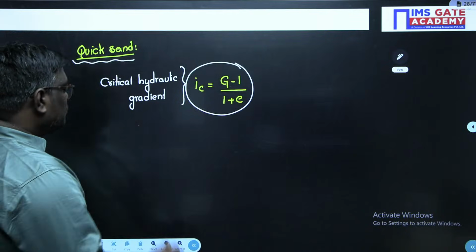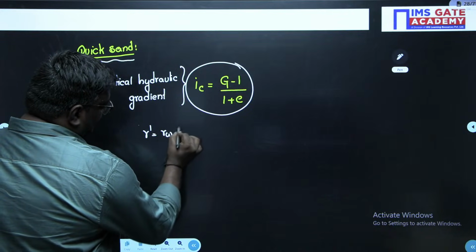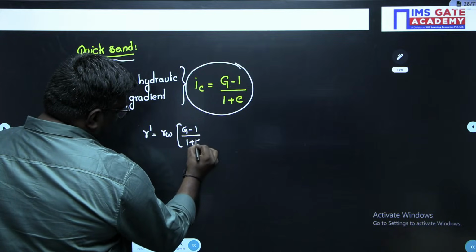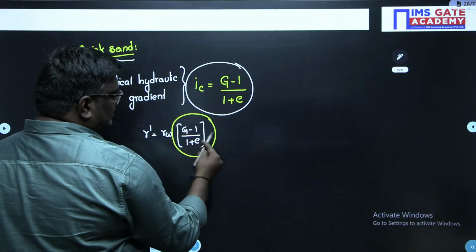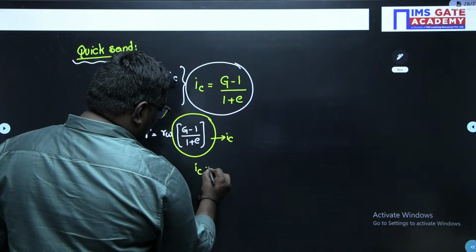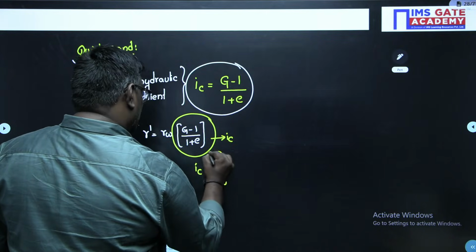Or gamma dash can be written as gamma w into (G minus 1) upon (1 plus e). So Ic can also be written as gamma dash by gamma w.